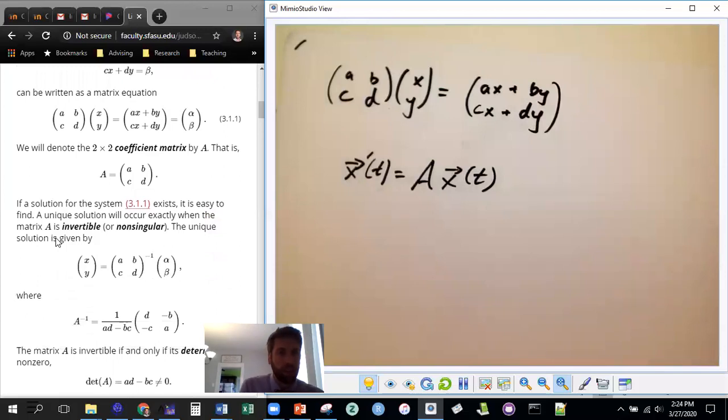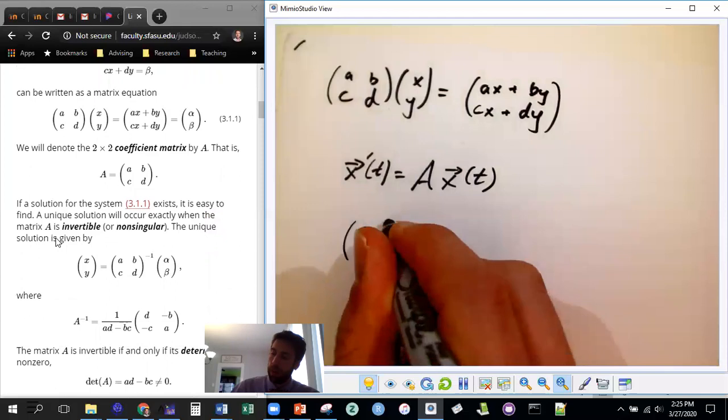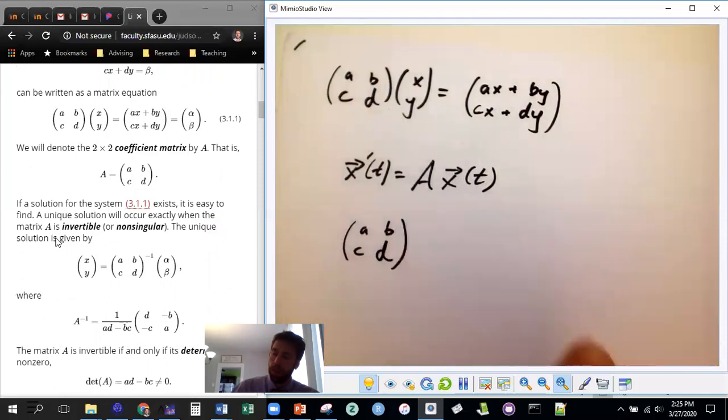Now there's certain things about matrices that are nice. We like matrices that have inverses. An inverse of a matrix is a matrix that, when you multiply it by the original matrix, A, B, C, D, gives you the identity.